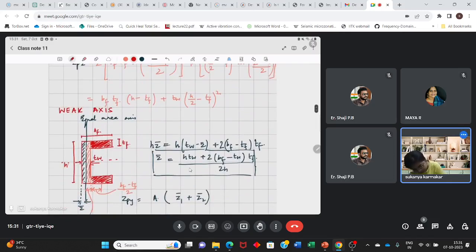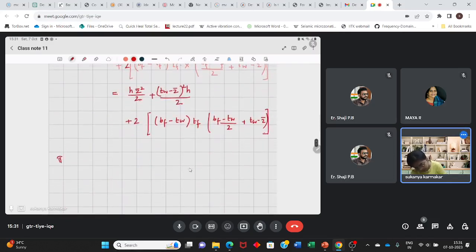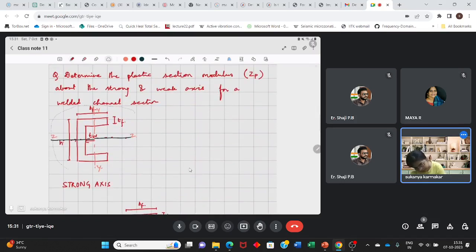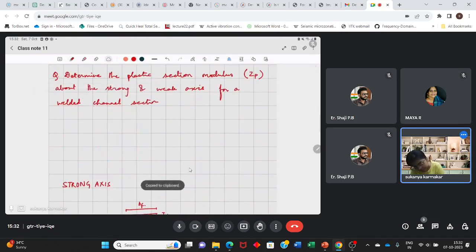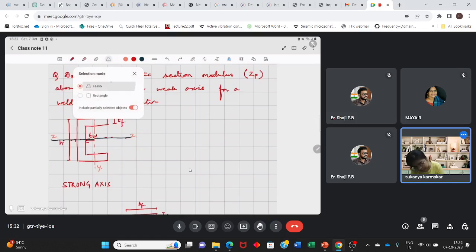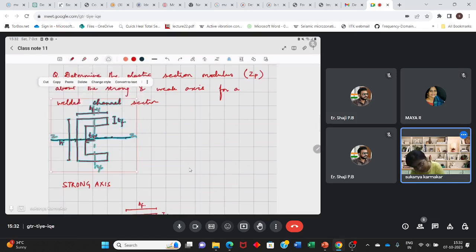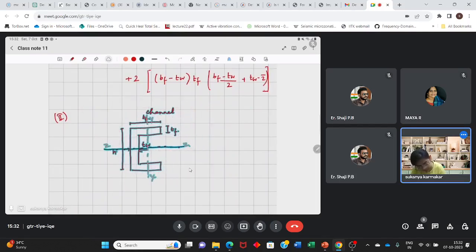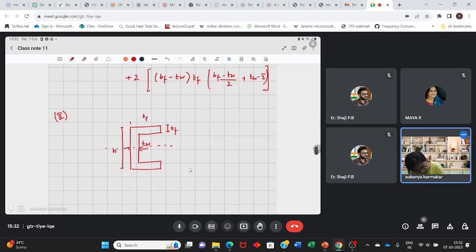Within the weak axis, this is case 1, and now the weak axis case 2. Let the equal area axis pass through here.